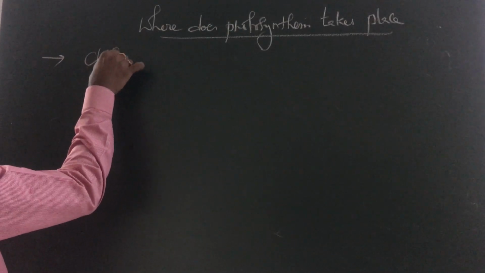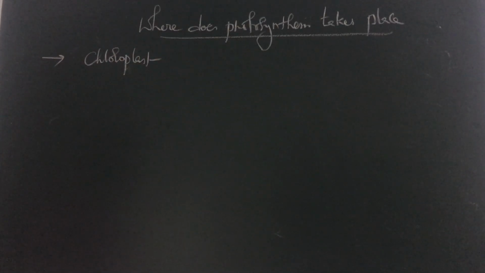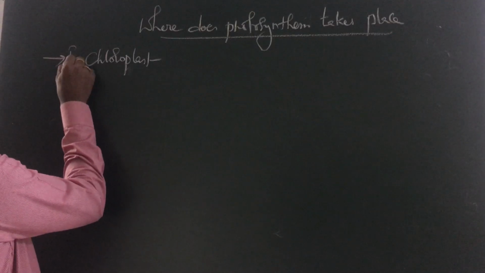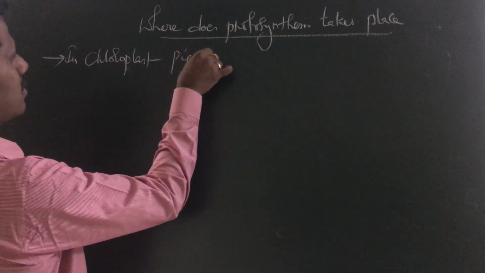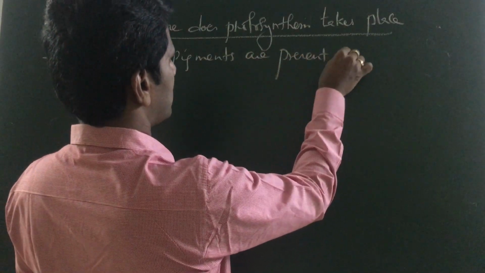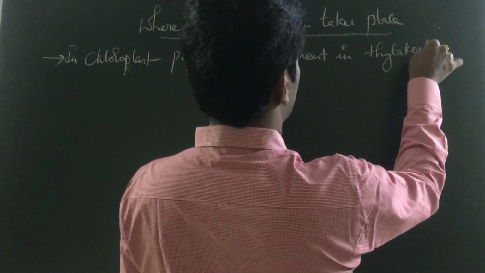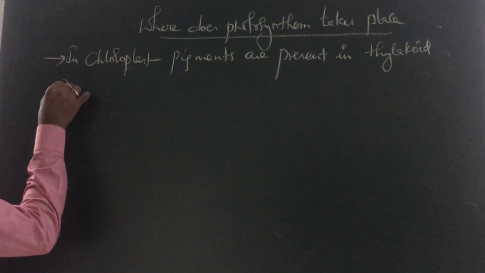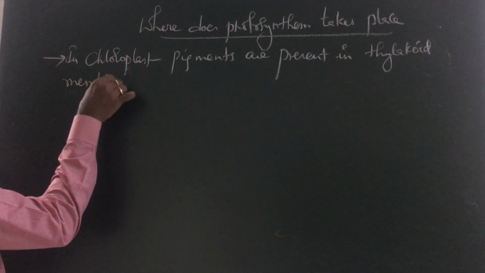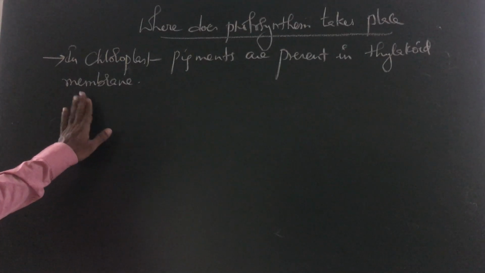The chloroplast has pigments, and these pigments are present in the thylakoid membrane.